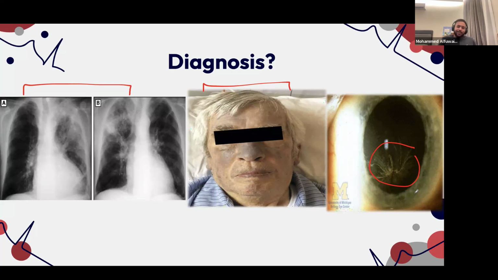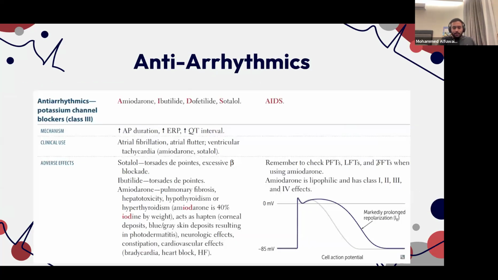So you need to monitor with LFTs, liver function test, thyroid function test, and pulmonary function test. The lungs, as we mentioned, pulmonary fibrosis. So class 3, you have these drugs, amiodarone. I want you to remember, amiodarone is the most commonly asked drug from all of these. You would always get a question on amiodarone because of its side effects. There's so many side effects.